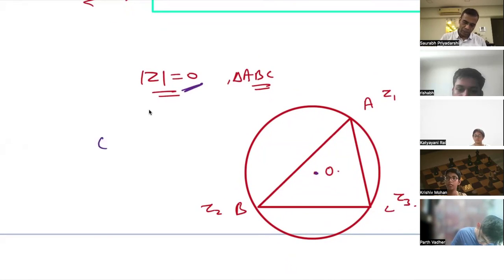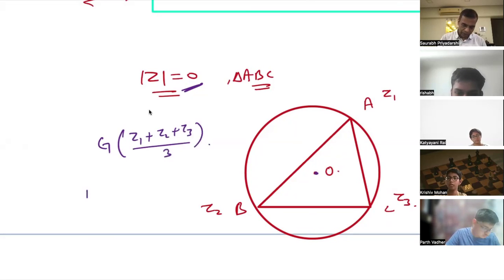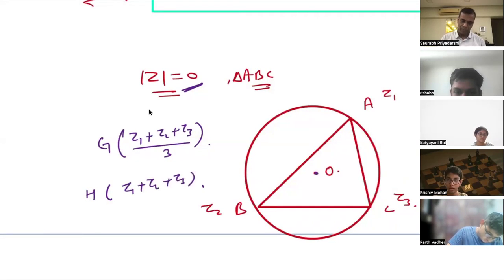What is the centroid of this triangle? So can I say the orthocenter will always be Z1 plus Z2 plus Z3?